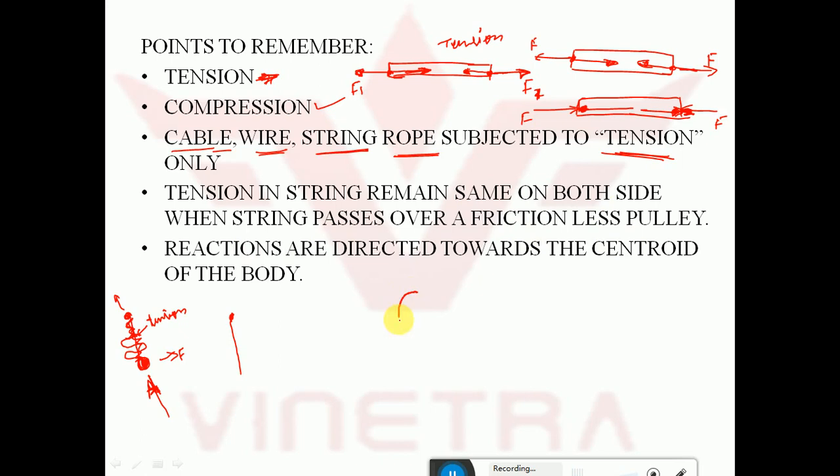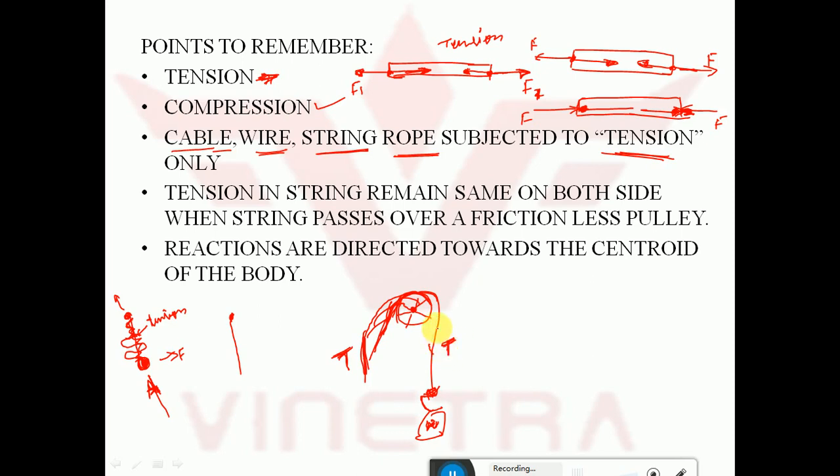For example, this is a frictionless pulley, and let us take it that it is lifting some weight W, and this rope is passing over the frictionless pulley.